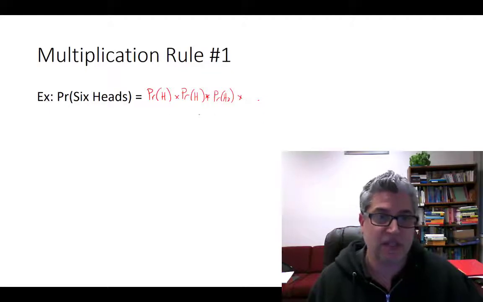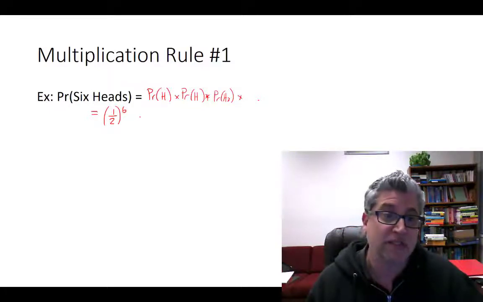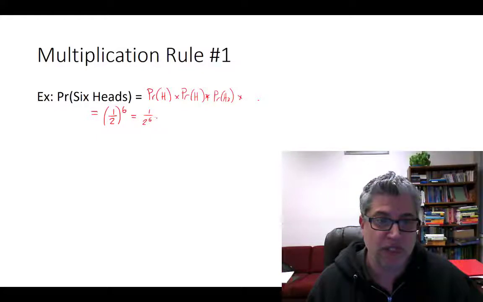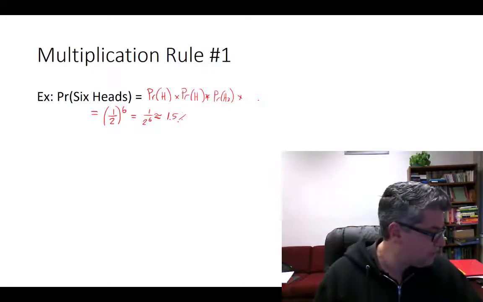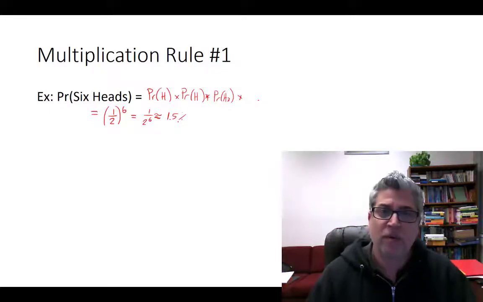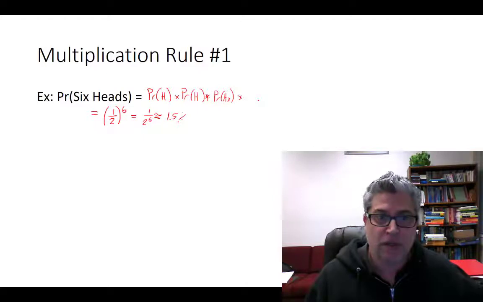There are 6 of these. So if it's a fair coin, the probability would be 1/2 to the 6th, which is, if I remember correctly, about 1.6%.